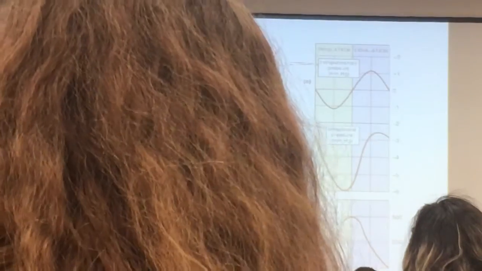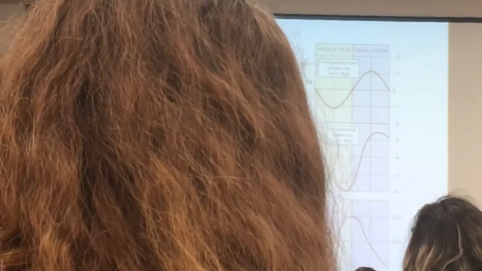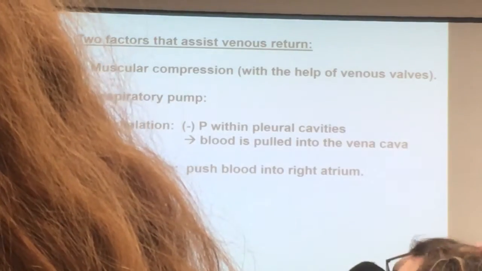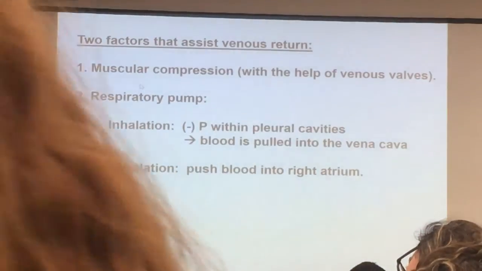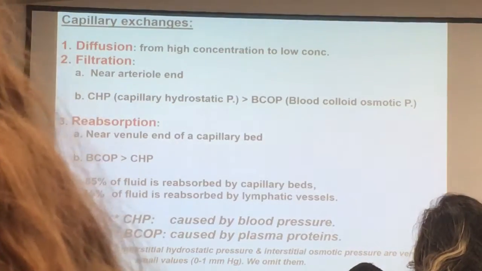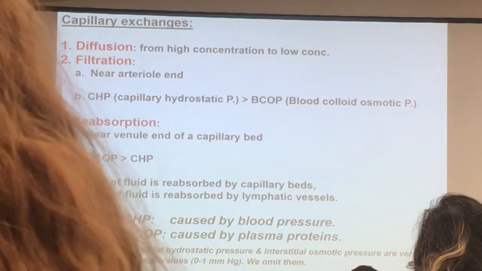So that negative pressure is like a suck, like your vacuum machine sucking the air, and that helps. So if we have a good lung, you have good cardiac function, easy to return. That part will go into detail in chapter 23.